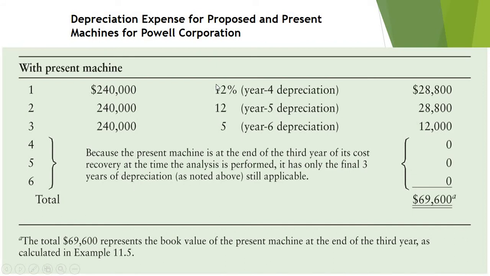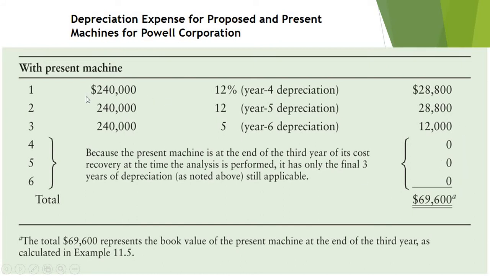The final 3 years of depreciation under the MACRS 5-year method are 12% for the 4th year, 12% for the 5th year, and 5% for the 6th year. So this row indicates the depreciation of the present machine over the next 3 years, and in the last 3 years there will not be any depreciation.